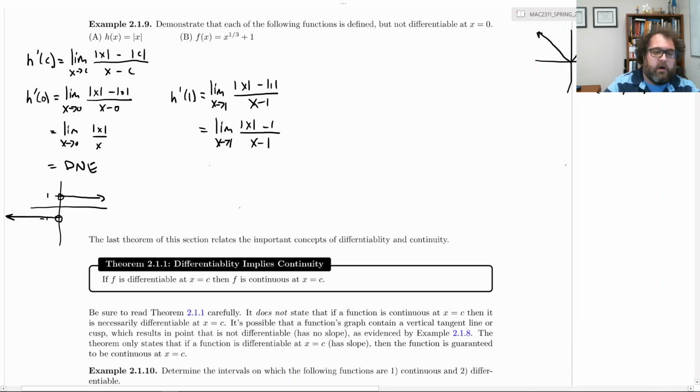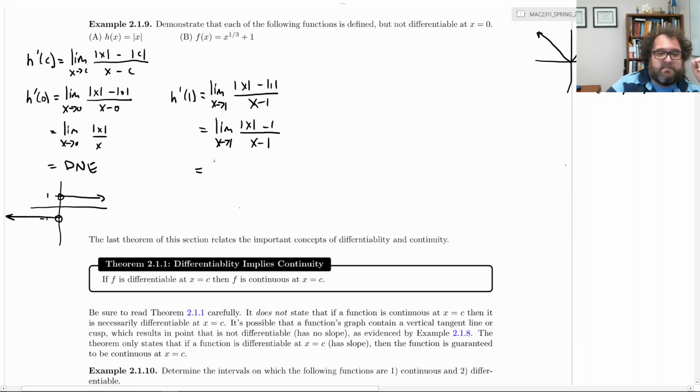If we're approaching 1, what do we know about x? We're approaching 1. That means we're only considering x values very, very close to 1, which is positive. So if we're only considering x values very close to 1, we can assume x is positive.